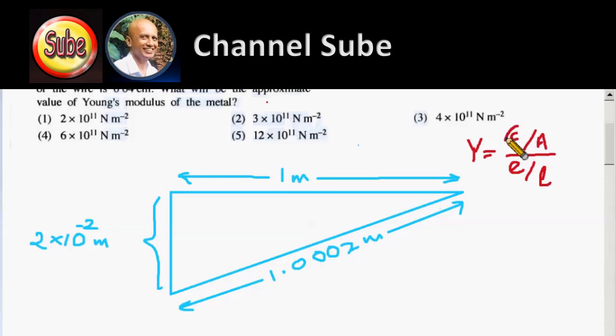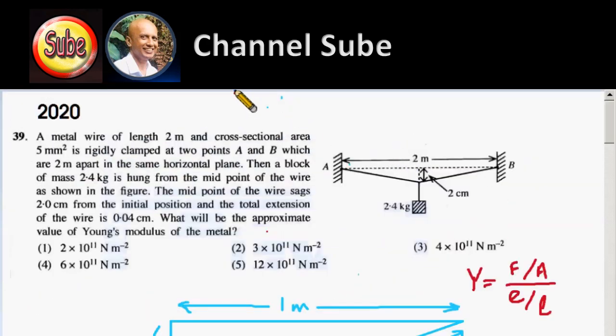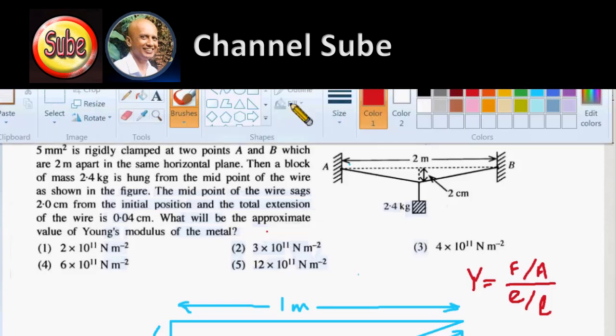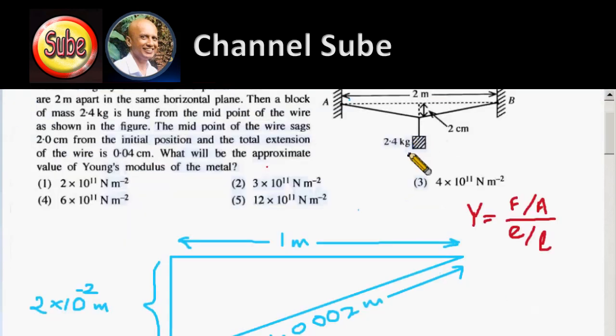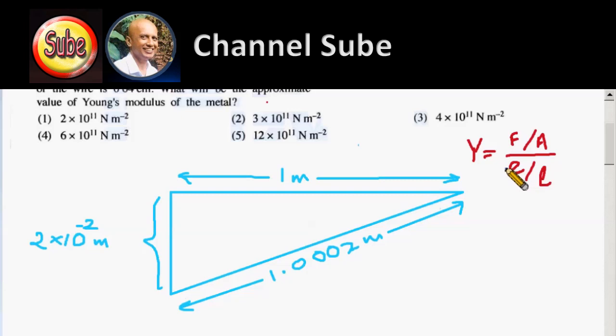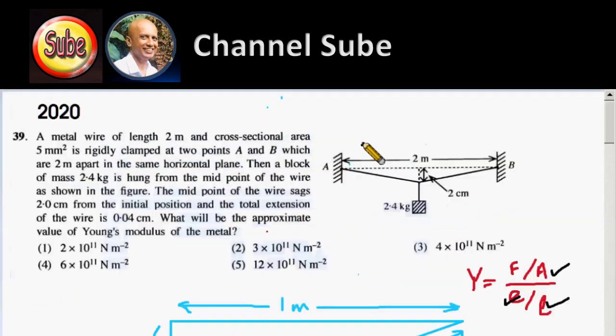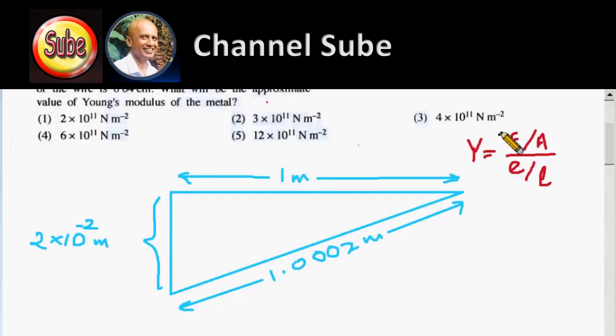If we find the force, we can easily find Young's modulus. Only the problem now is we have to find this F.